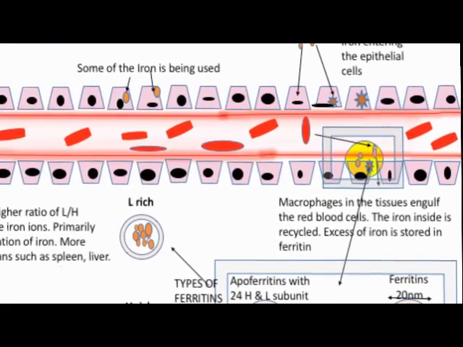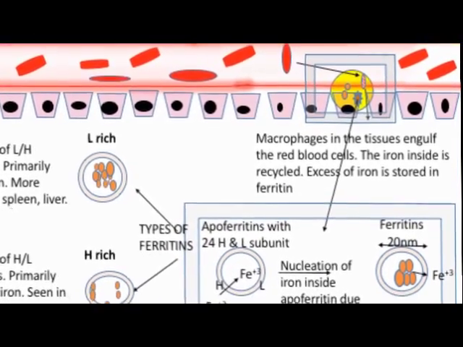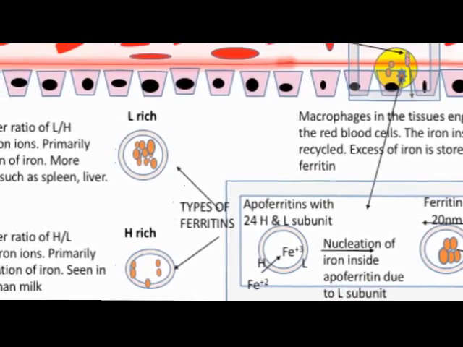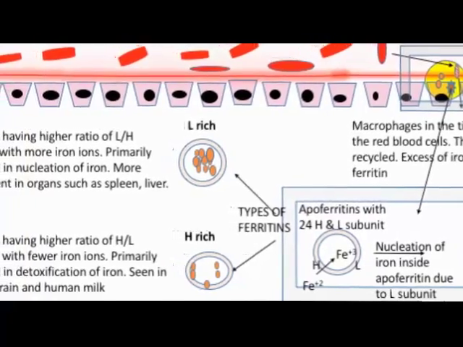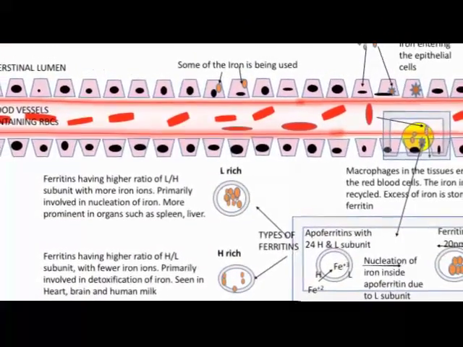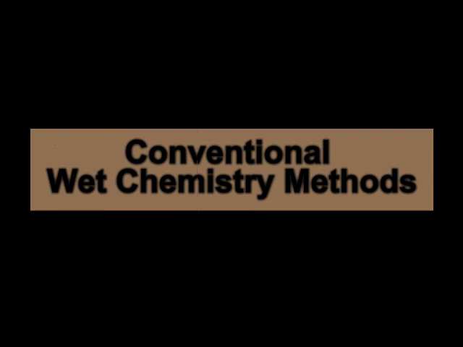Later, during blood cell formation and death, the iron is recycled with the help of macrophages, and then the excess iron is stored in ferritin. Apoferritin is the protein shell without iron. So, this is how it's being stored.